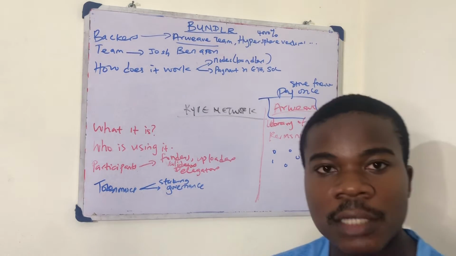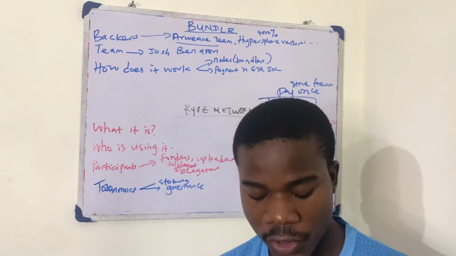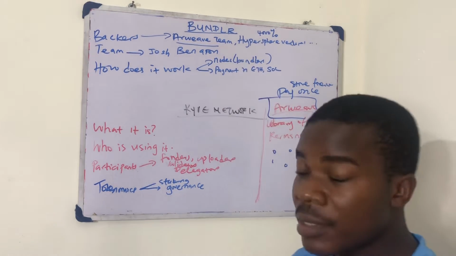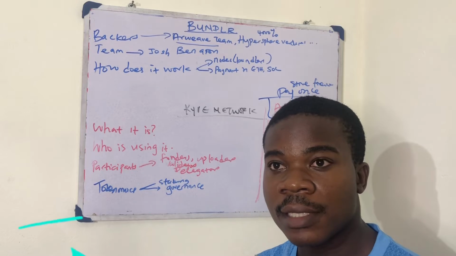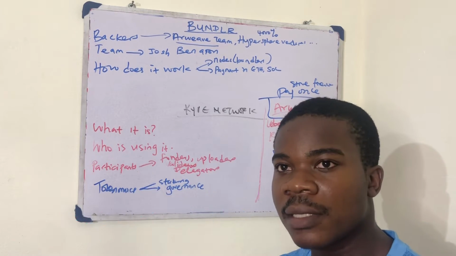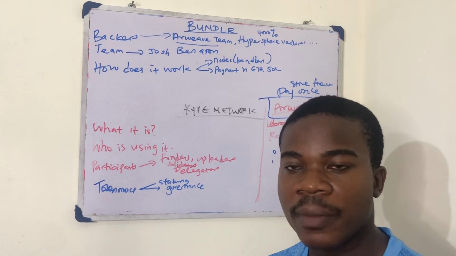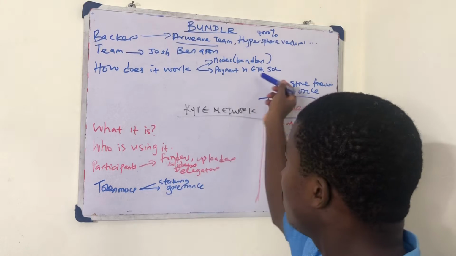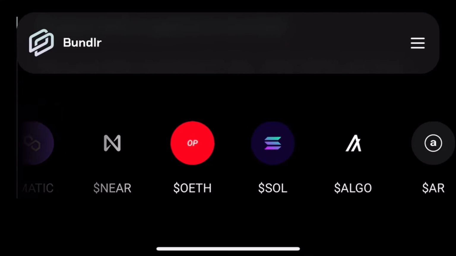So you might be asking, how does it work? It's simple. It consists of the bundlers. The bundlers are basically nodes who take your data, take another person's data, wait for some time, bundle everything, and then submit it to Arweave for permanence. So you can pay in any token, Ethereum, Solana, Matic, and the rest of them.